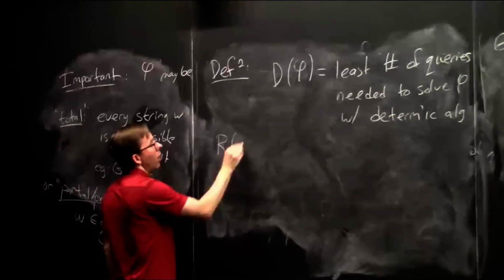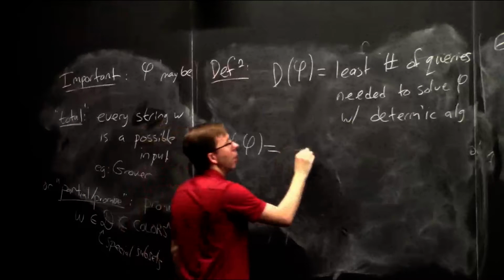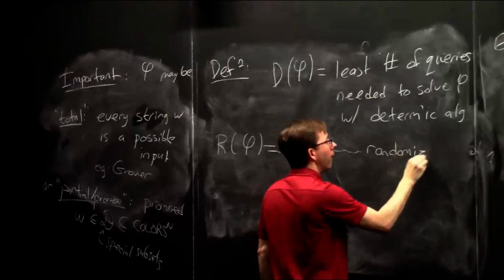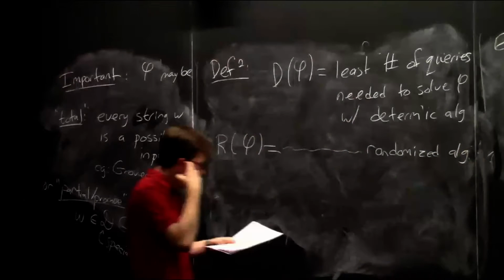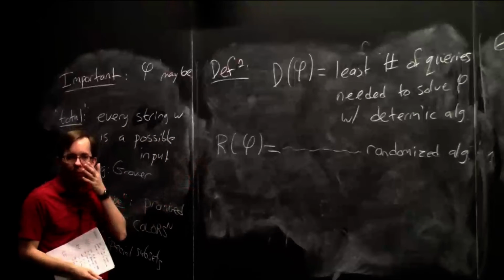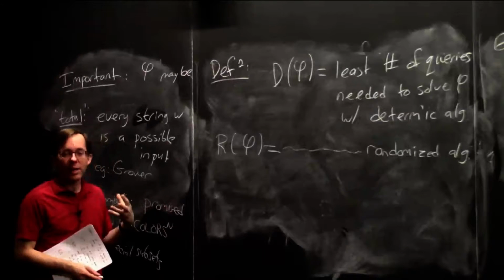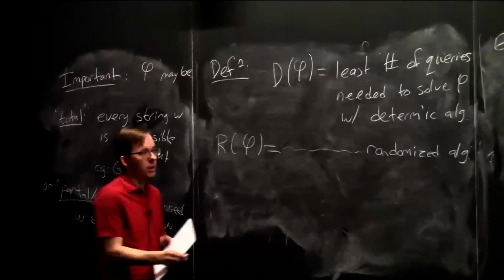And R of phi is going to be the same thing with a randomized algorithm. But let me emphasize what it means for a randomized algorithm to solve the problem. It's still a worst case model where it has to get the right answer for every possible input W, just with high probability.